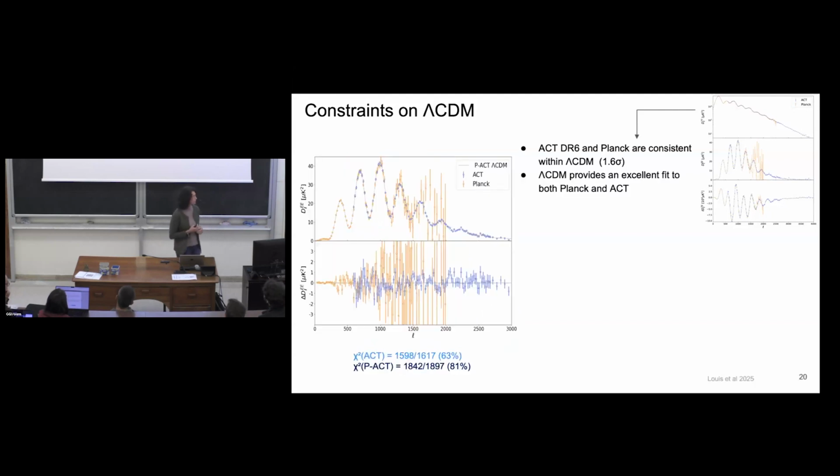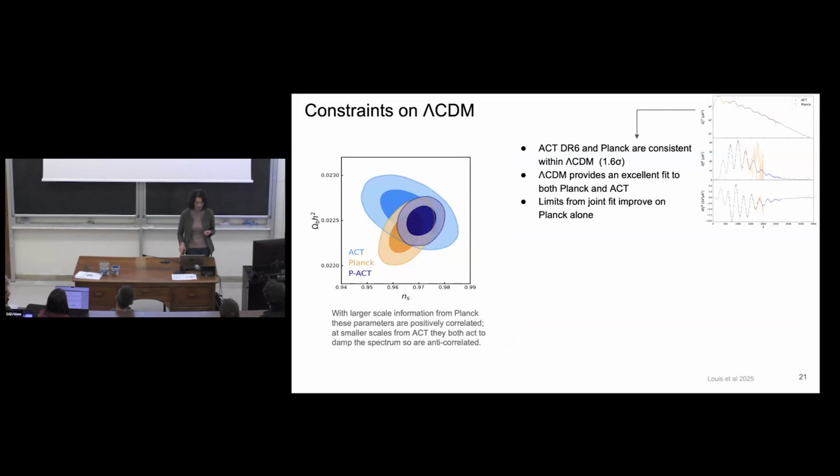This model was a really good fit to both sets of observations and across all channels that were available to us. We found that in some parameter space there is really complementary and orthogonal information coming from ACT and Planck.